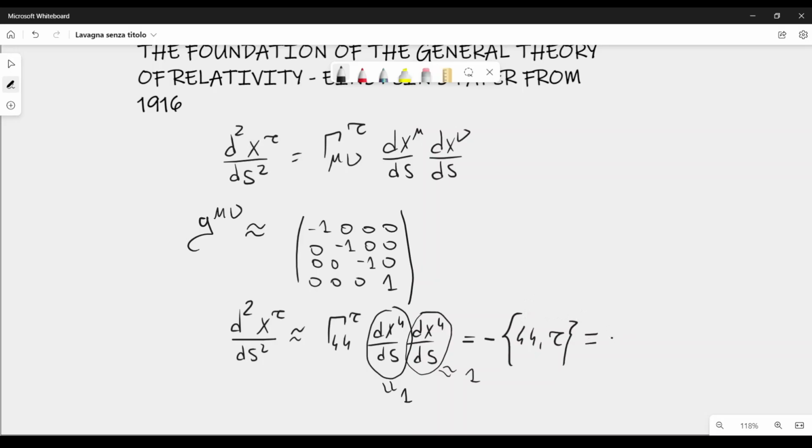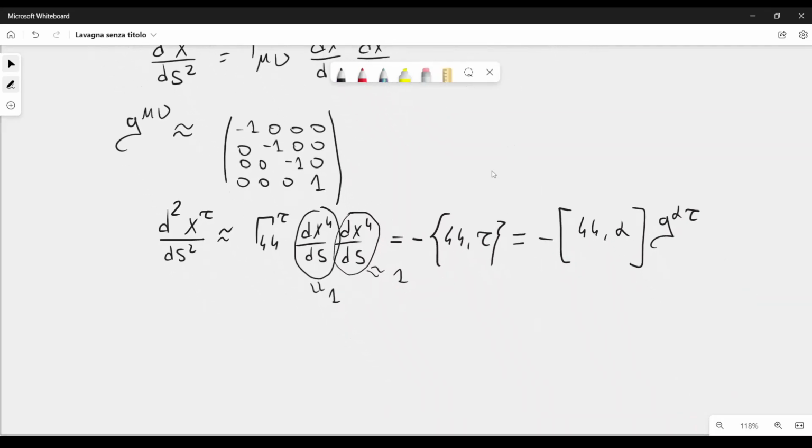And this is also equal to minus square bracket. Einstein also defines the square brackets 4 alpha multiplied by g alpha tau. And this tensor equation leads to these four equations. We have d squared x tau ds squared equal to, let's write an equal sign here instead of an approximation symbol, square bracket 4 tau, where tau in this case can be 1, 2, or 3.